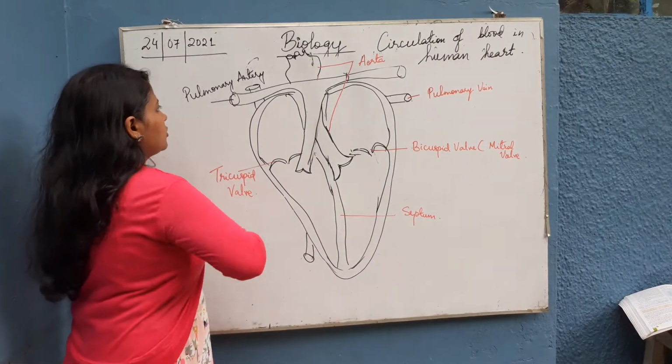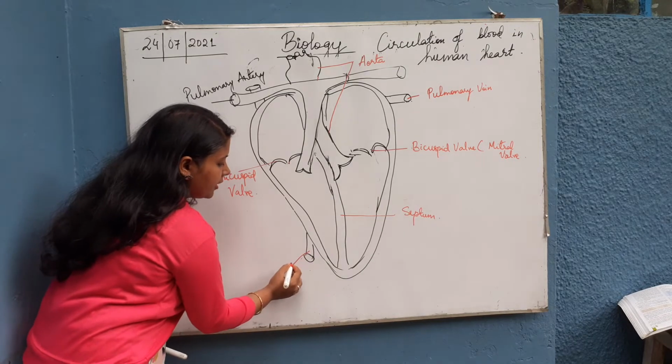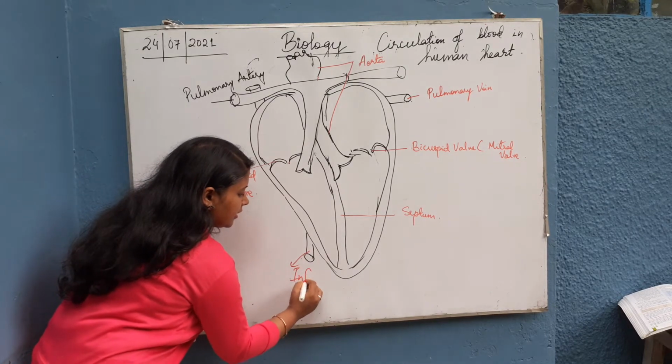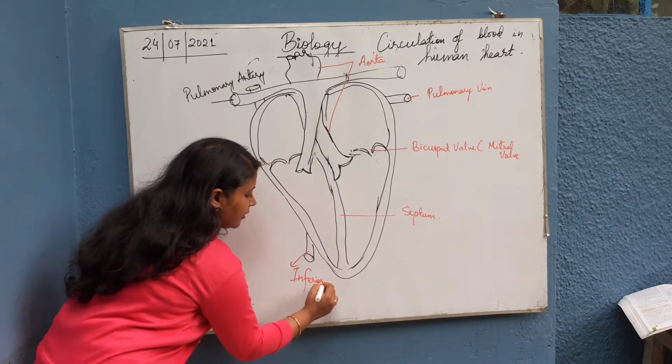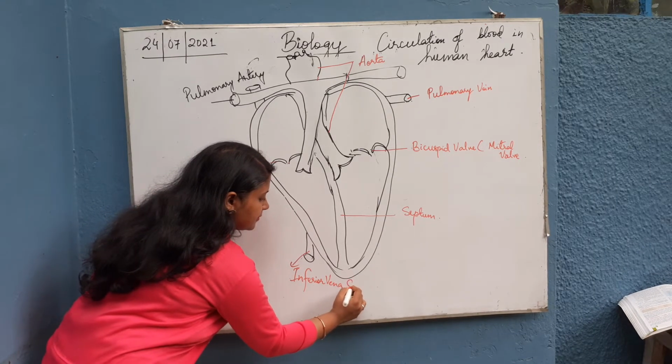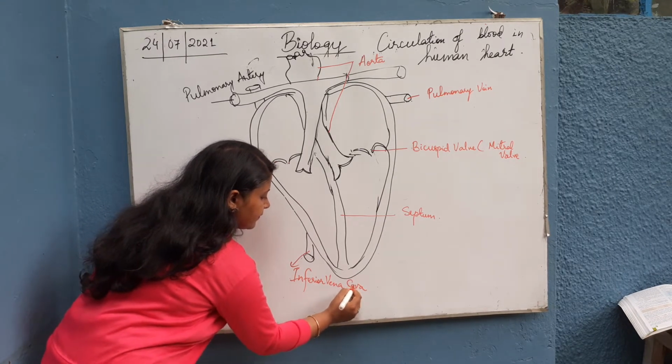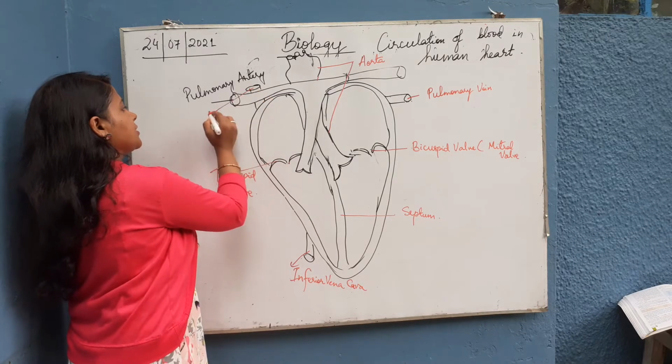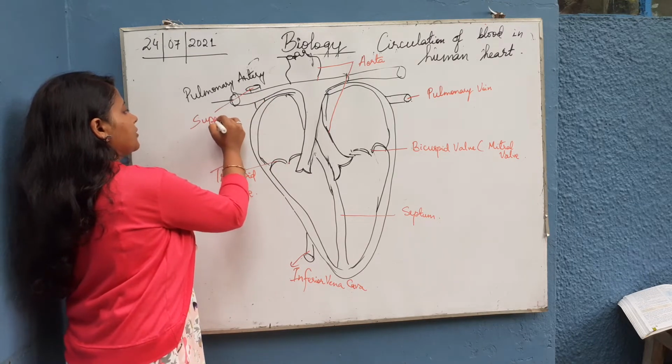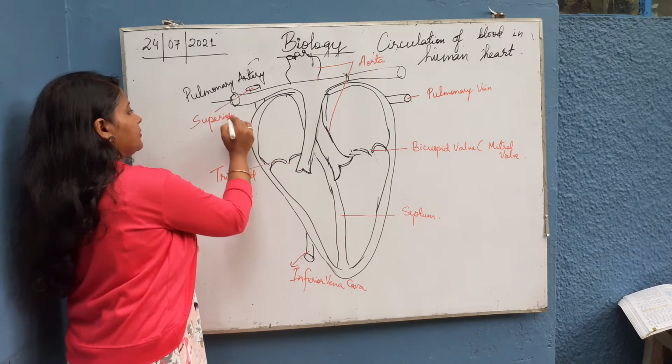Now, two more blood vessels I did not mention, that is your inferior vena cava and here the superior vena cava.